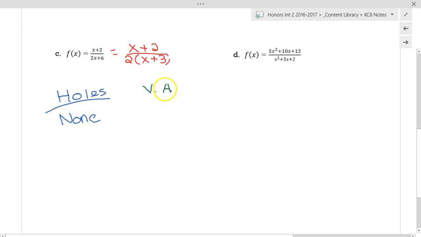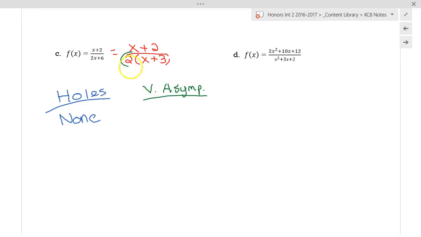Looking at vertical asymptotes, again, 2 is just a number, it doesn't count. So I have x plus 3. Switch the sign, x equals negative 3. If x plus 3 is my factor, x equals negative 3 is my 0.